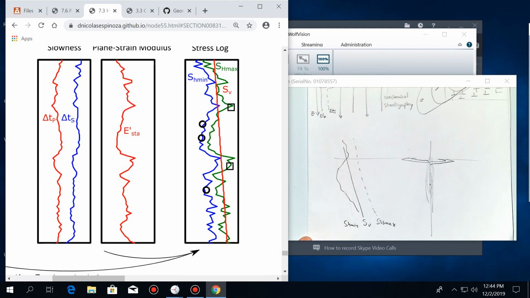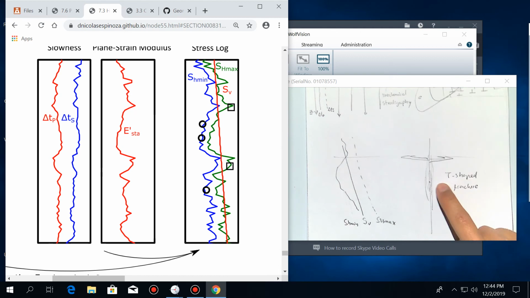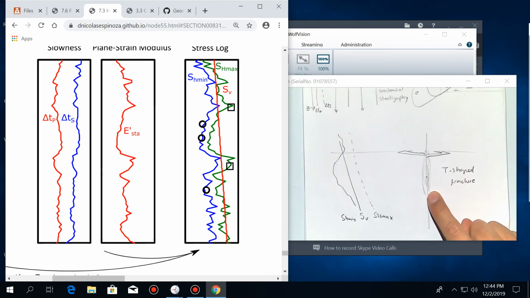And that's what is called a T-shaped fracture. And if you remember from the discussion that we had of hydraulic fractures in nature, those do occur, and in nature the vertical fractures are called dikes and the horizontal ones are called sills.